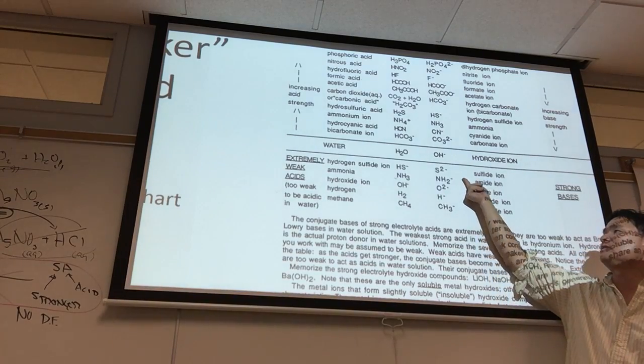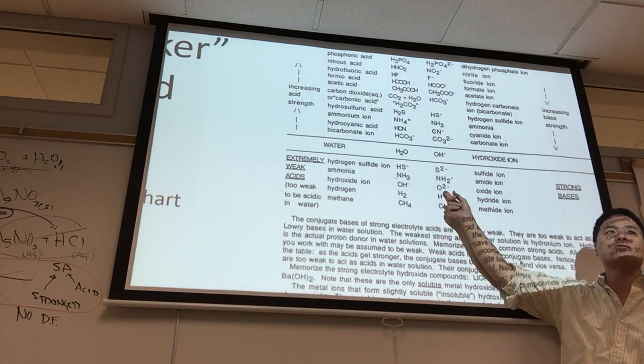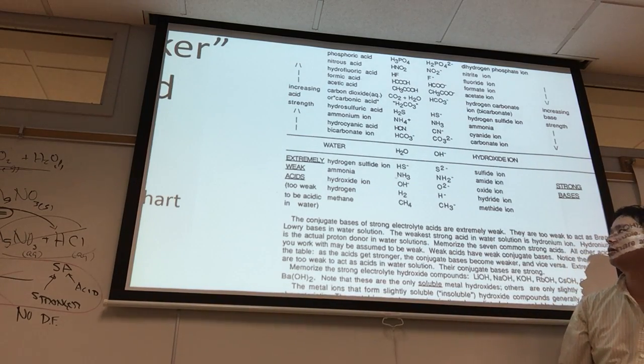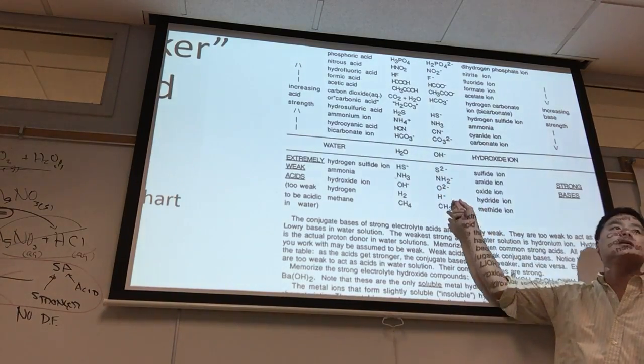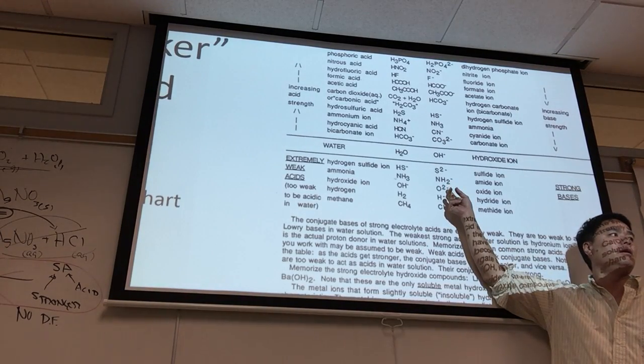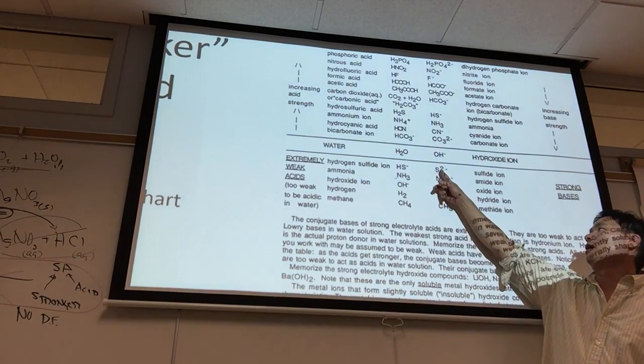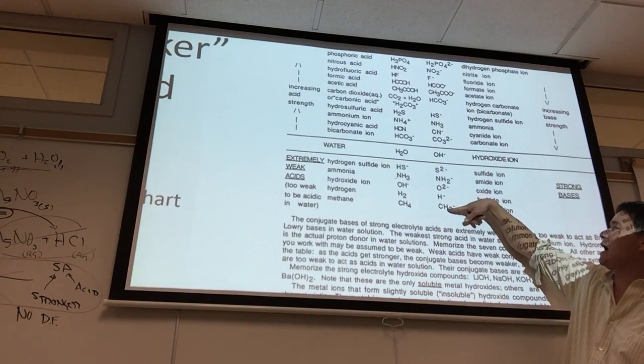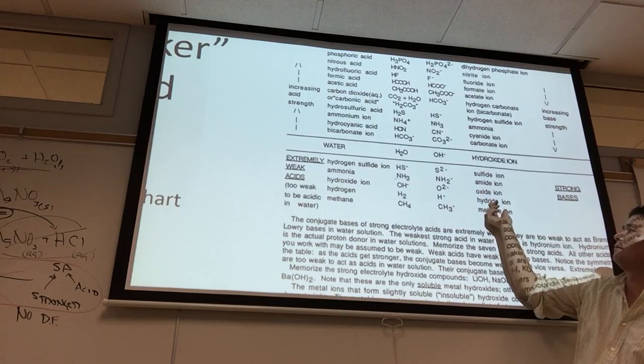And they're all going to form the same amount of hydroxide, even though some of these bases are stronger and can more easily pluck the proton off water. But all these are strong enough to pluck all the hydrogens off for themselves. And so once they react, we're left with hydroxide.